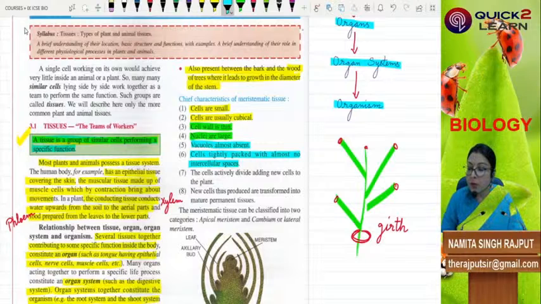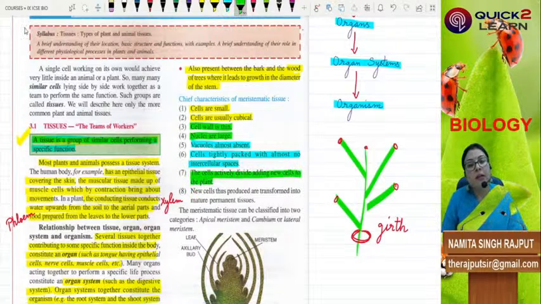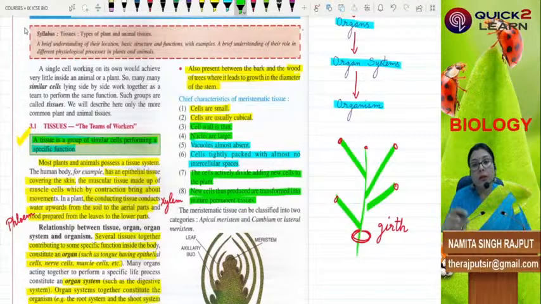These cells are actively dividing, adding new cells to the plant. New cells thus produced either add to the growth of the plant or get transformed into mature permanent tissues.